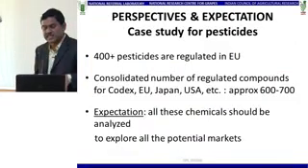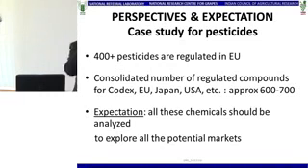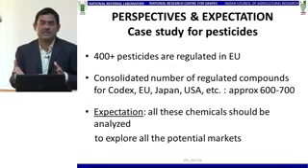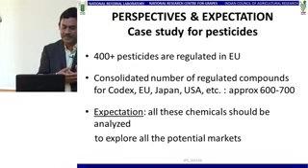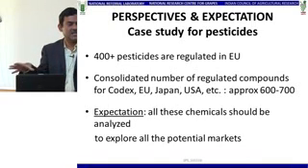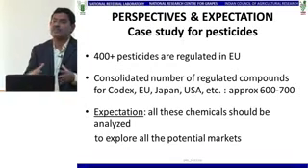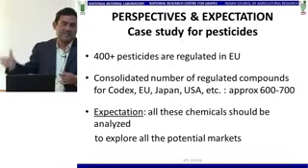So what are the perspectives and expectations? If you look at pesticide analysis, almost 400 plus pesticides have emerged in the European Union. And if you look at the consolidated list of pesticides across the world, like Codex, EU, Japan has a very long list, 800 plus pesticide residues are there.